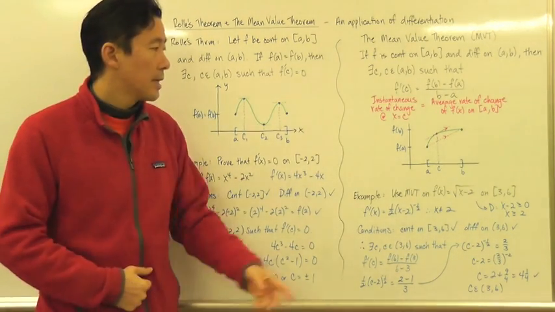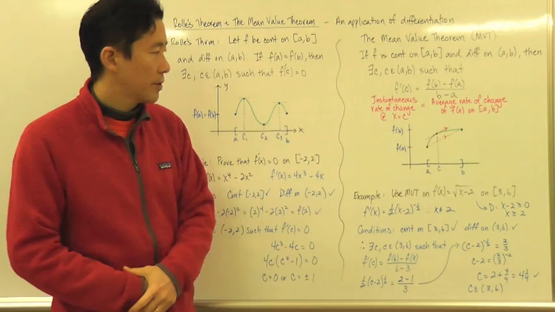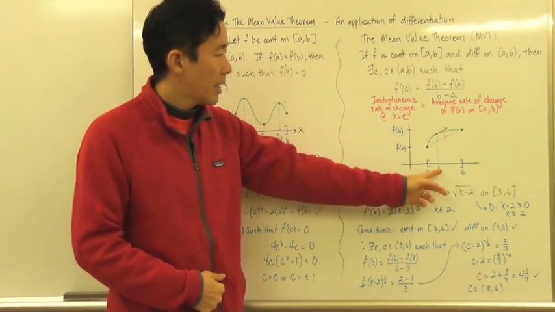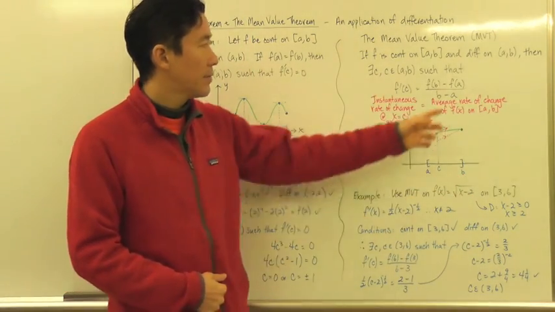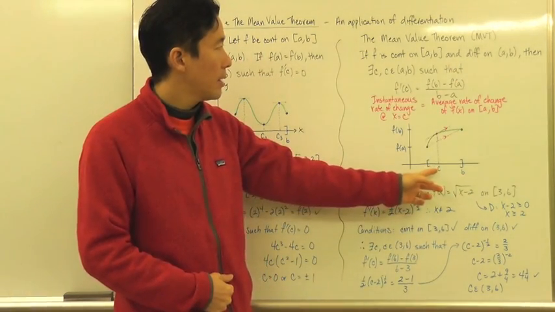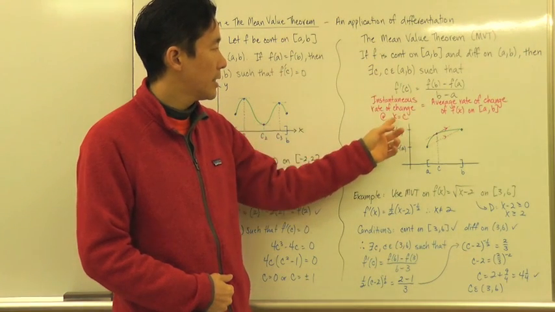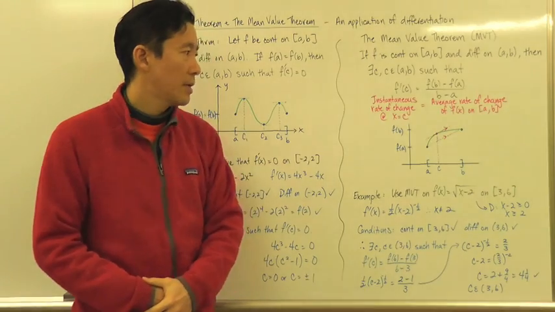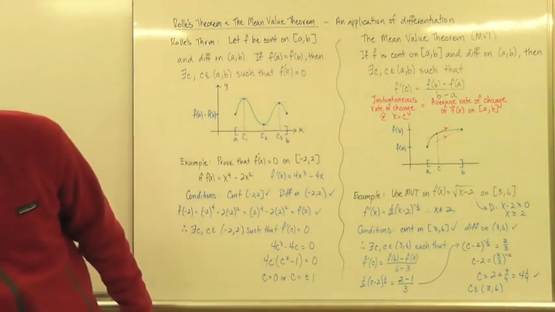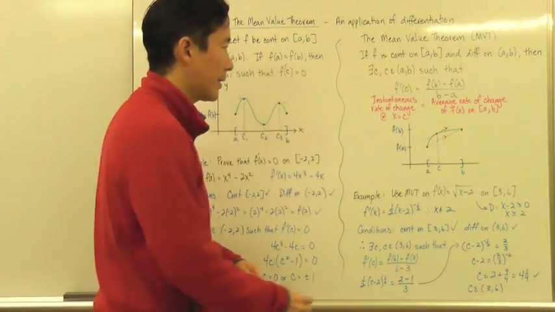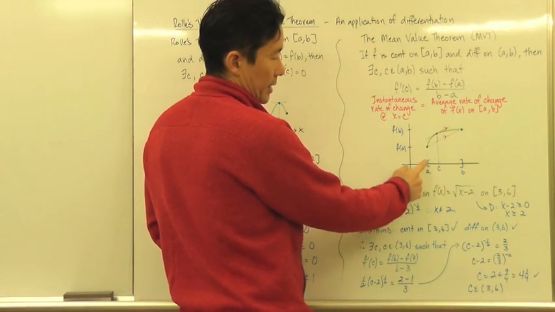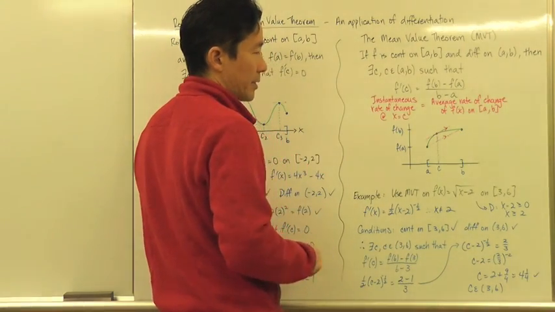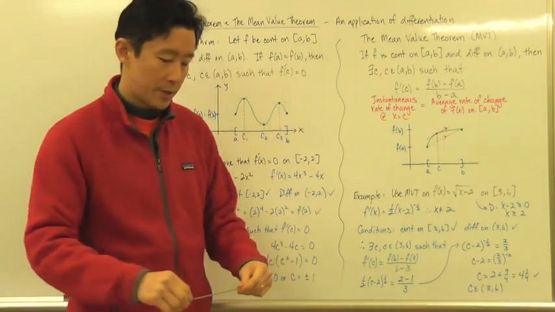So let's again take a look at what's happening here for this particular function. If I know that f is continuous on [a,b], so here's a, here's b, and it is differentiable on the open interval (a,b), then there exists a c such that the instantaneous rate of change at x equals c is equal to the average rate of change of f of x on the closed interval from a to b. The way that I like to do that: here's a, here's f of a, here's b, here's f of b, and I'm going to take a look at the average rate of change first.